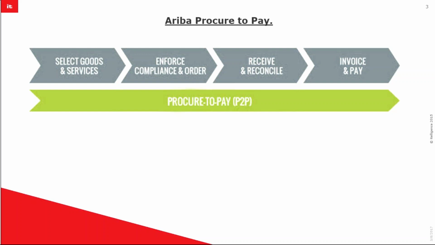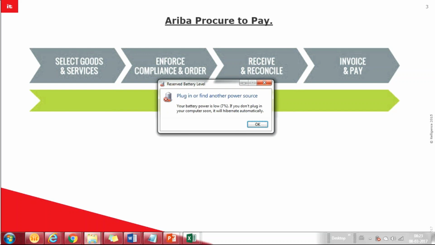Once those are approved, it will be converted into a PO, and we receive the goods. Once we receive, we do reconciliation. After reconciliation, we pay against that PO.